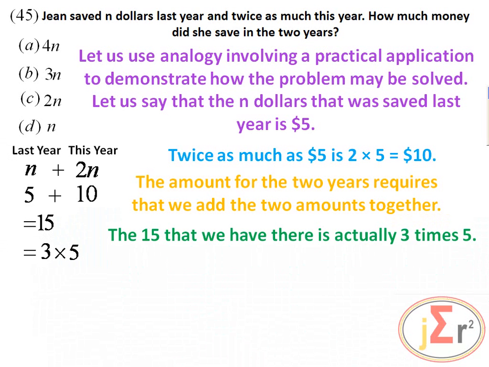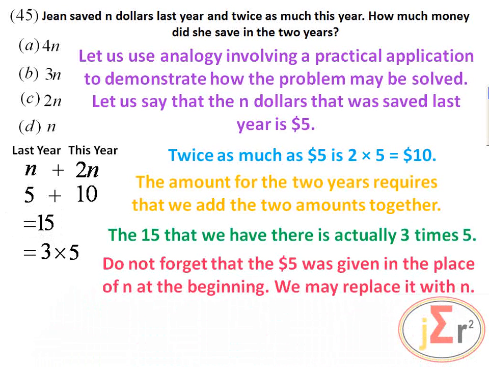So the 15 that we have there is actually 3 times 5. Where did we get the 5 from? Do not forget that $5 was given in the place of n at the beginning. We may replace it with n. So for last year, we have n, which is the same thing as $5. And we put that together with the amount saved this year.